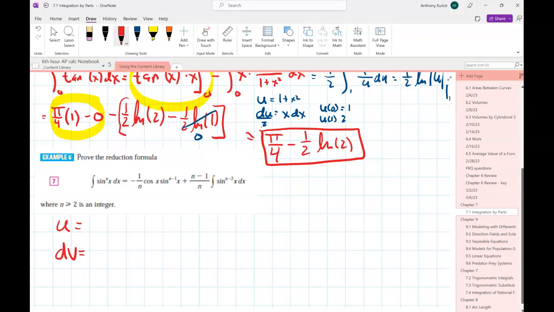All right, so the reduction formula, integral of sine to the n x dx equals yada, yada, yada. Here's your hint. That needs to be my u and my v somehow.